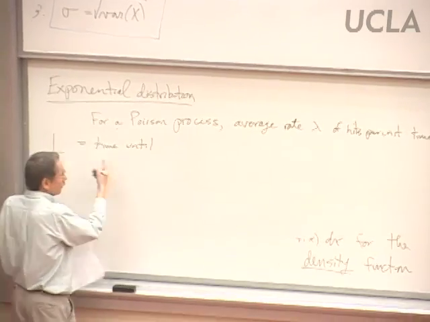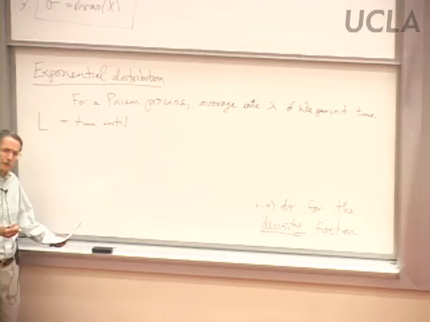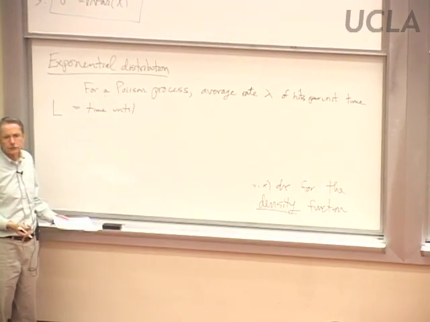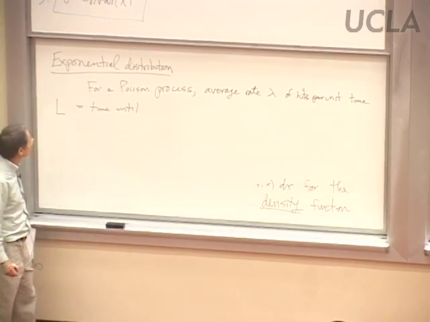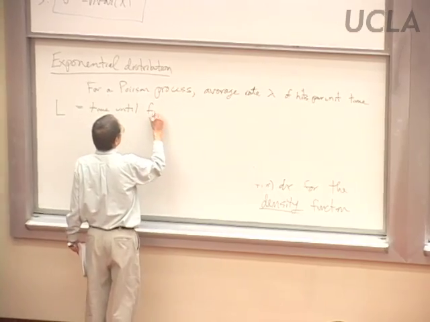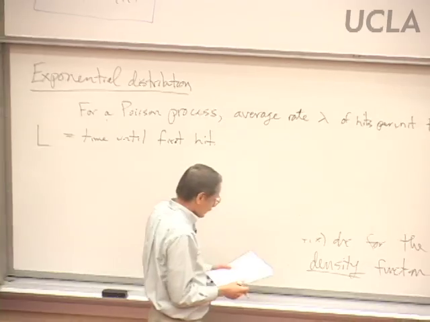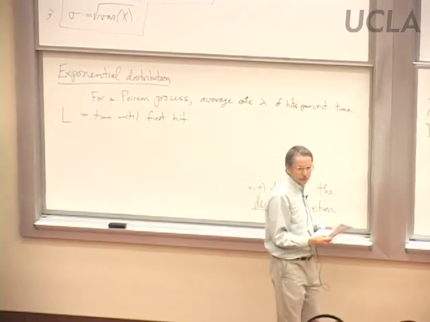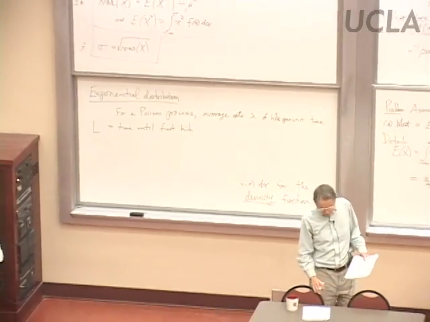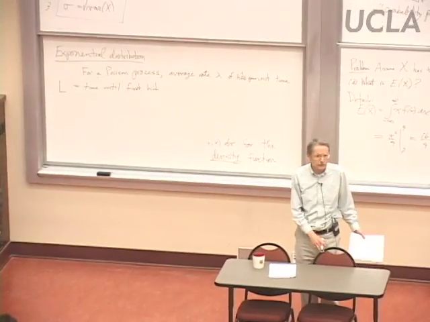The time from when the experiment starts, but the Poisson process is independent of the past, so you could start it anywhere, until the first hit. So let's look at this, and in particular, let's look at its density function.